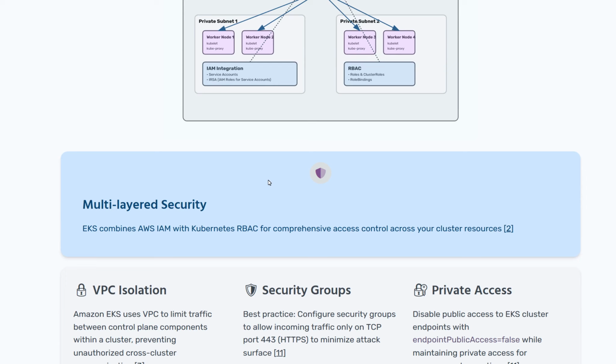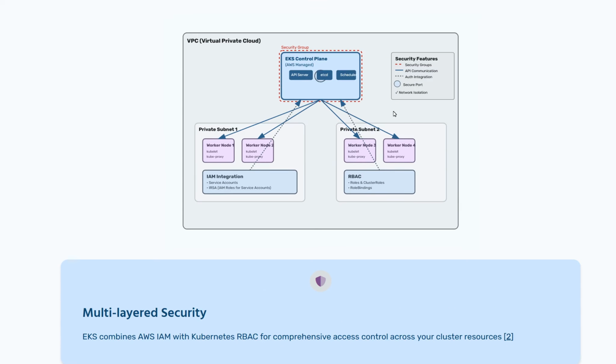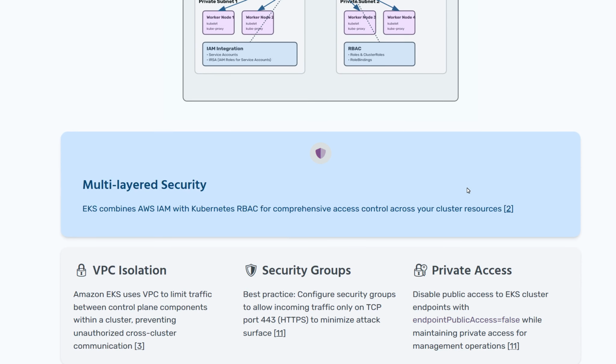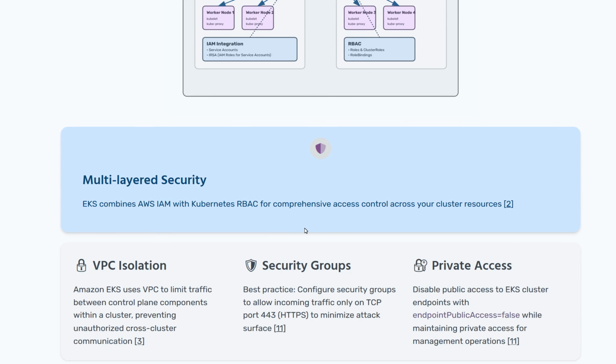EKS combines IAM with RBAC for comprehensive access control of your cluster resources, as well as the private subnets. So there's no internet access; that's VPC isolation, right? That's used to limit traffic between control plane components and within the cluster.